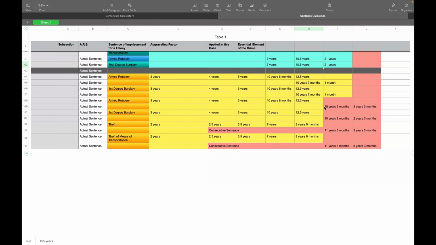This sentence is clearly excessive. And what we are asking for is the opportunity to provide a full demonstration based on case law, based on the statutes, that the sentence is excessive. Thank you so much, and I look forward to hearing from you.